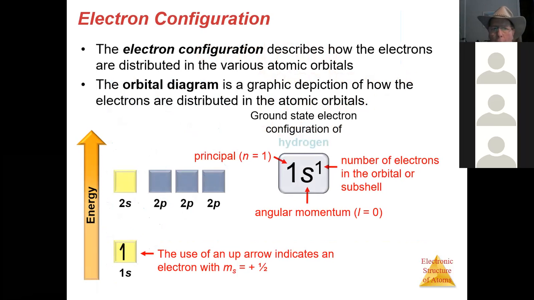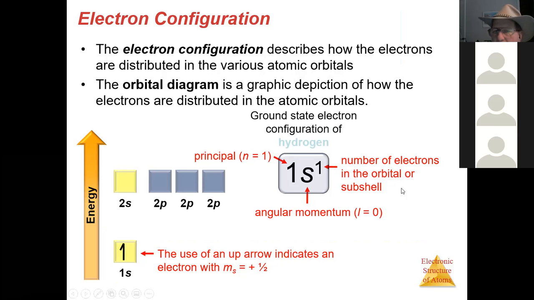Okay, we're going to deal with electron configurations and orbital diagrams. Electron configurations are what you already know. These are the numbers that have a 1 in front of a letter and a superscript after it. The 1 stands for the principal quantum number, the shell that those electrons are in.